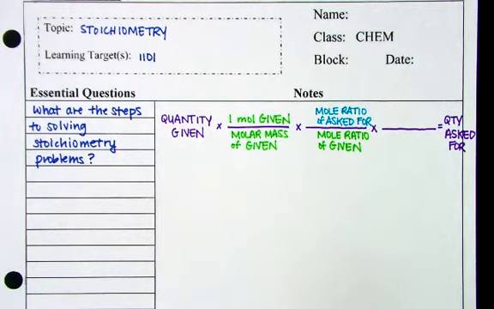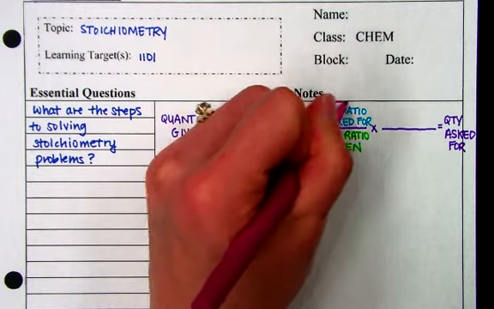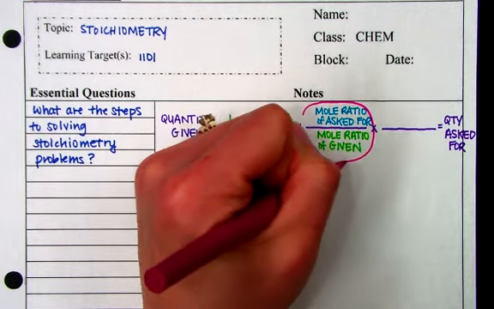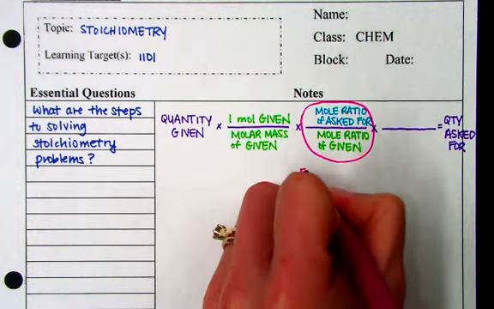The second conversion, this guy here, I'm circling in pink because this is from the balanced equation. That's always from the balanced equation.